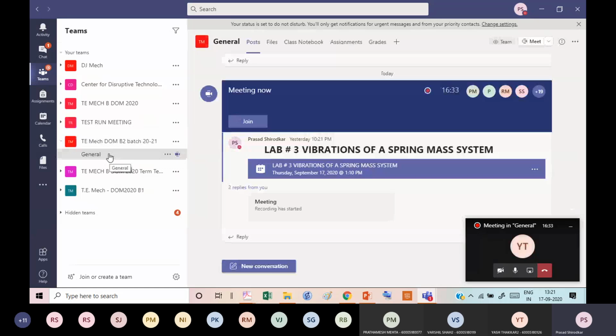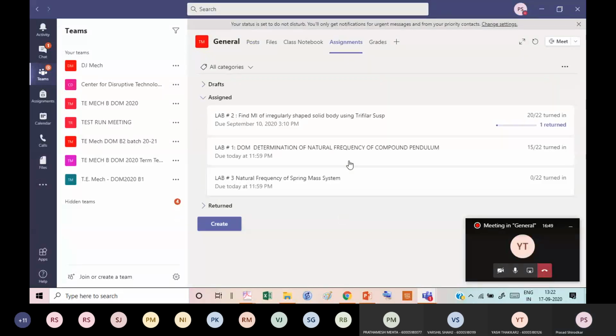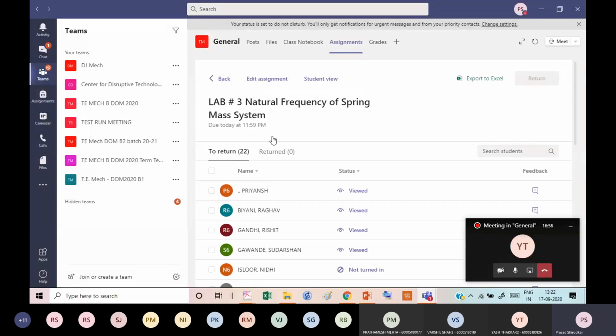See, all the lab work has to be submitted in these separate teams which are created for the lab. Okay, so it is your TMEC B2 batch 2021, that is the batch for your assignments. Okay, so in that, open up the assignment, and it says lab number 3, natural frequency of spring mass system. Just open up that assignment.